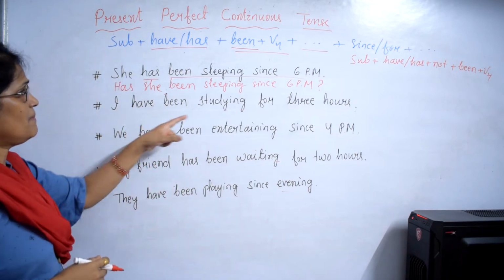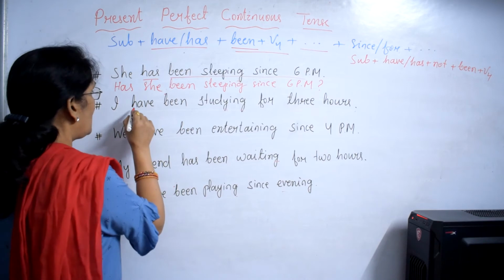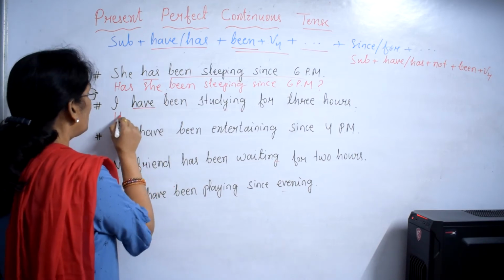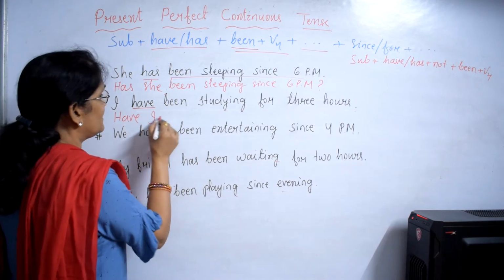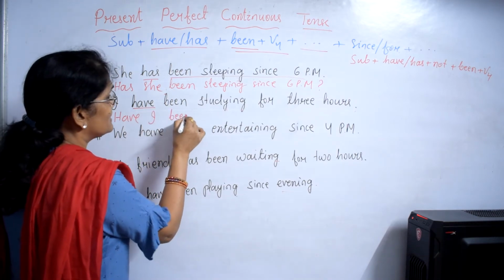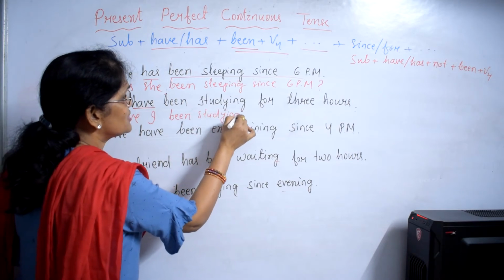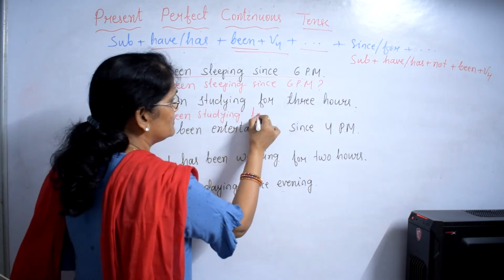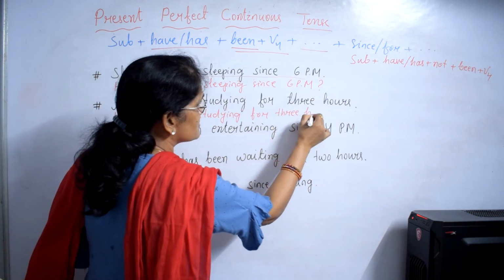Interrogative. I have been studying for 3 hours. You can say now, have you take to the front? First auxiliary have will go to the front. Have I been studying? Have I been studying for 3 hours?